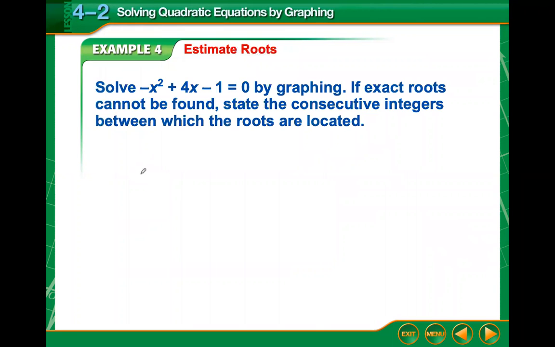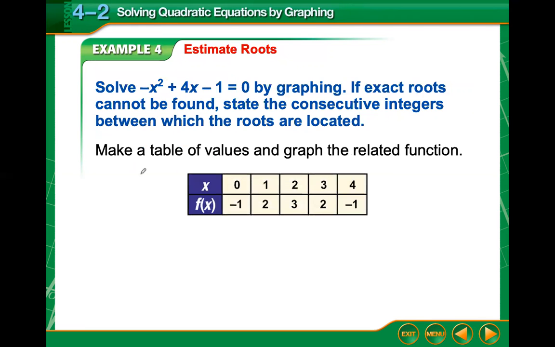For our next example, we're going to solve negative x squared plus 4x minus 1 equals 0 by graphing. If exact roots cannot be found, we're going to state the consecutive integers between which the roots are located. Depending on what you're using, you do need to read the directions very carefully. These were designed to be used with the older TI calculators when you graph things.